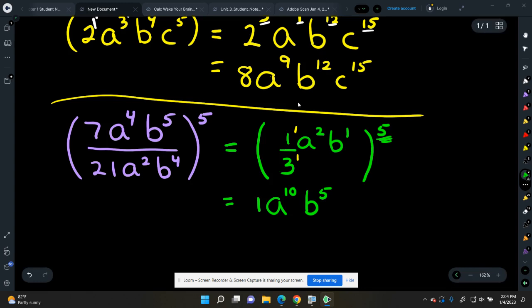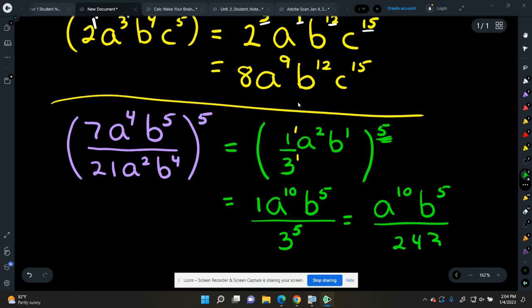B to the 5th. And that's going to be over 3 to the 5th. Now you can use your calculator, but 3 to the 5th is 243. And there's your answer. Okay. You can use your calculator.